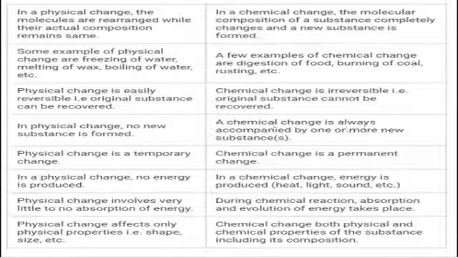A chemical change is always accompanied by one or more new substances. A physical change is temporary, a chemical change is permanent. In a physical change, no energy is produced. In a chemical change, energy is produced in the form of heat, light, sound, etc.